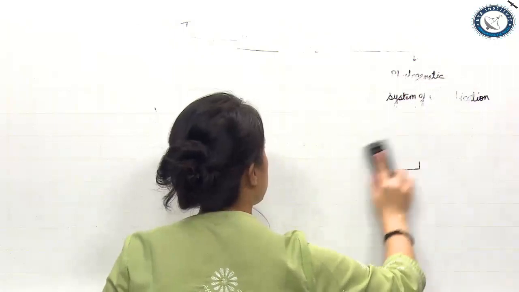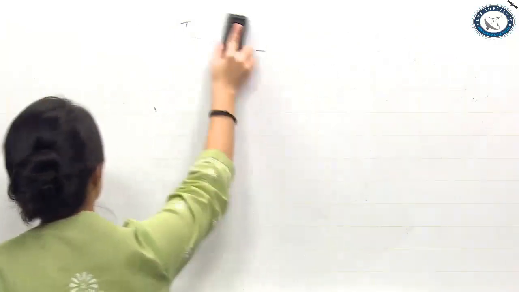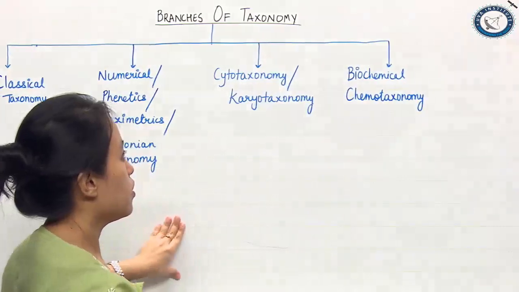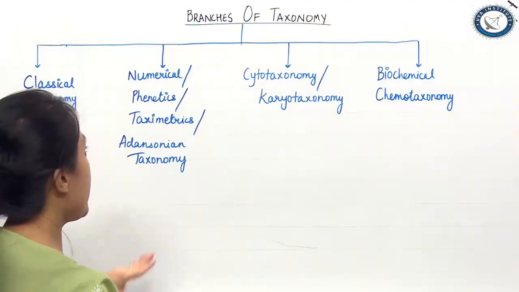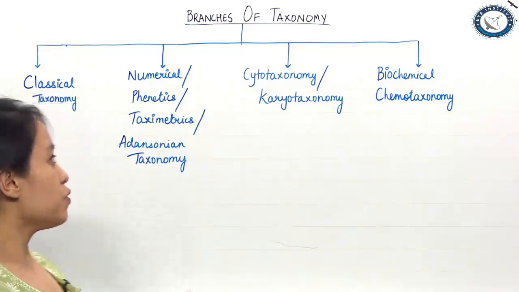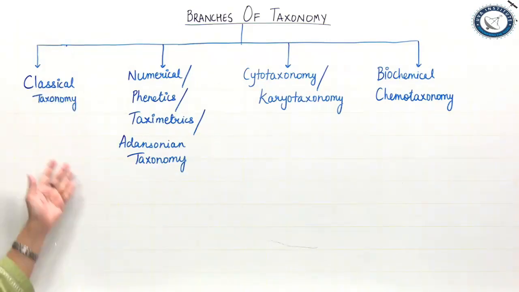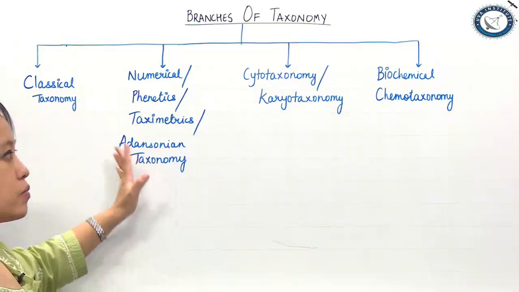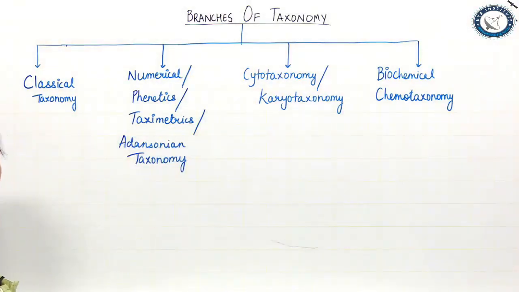Going ahead, moving further, we will be dealing with some more taxonomical aids. So now we will be dealing with branches of taxonomy. As you can see, it has been subdivided into 4 portions.